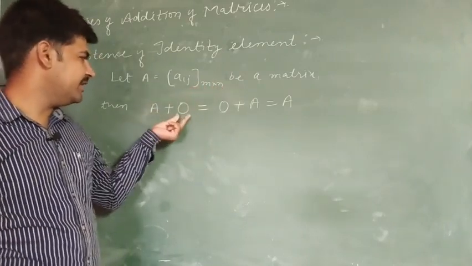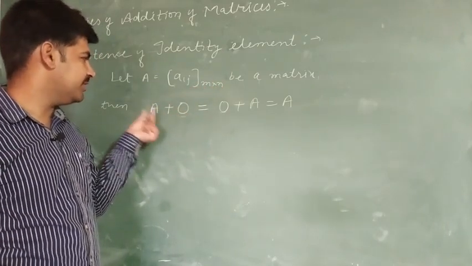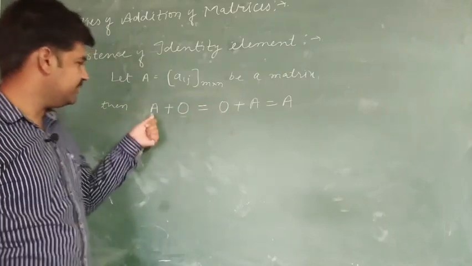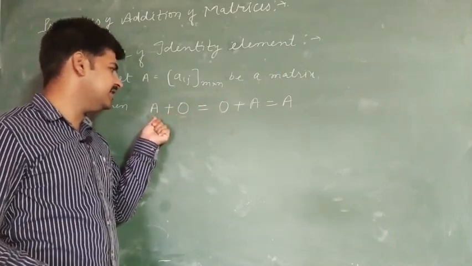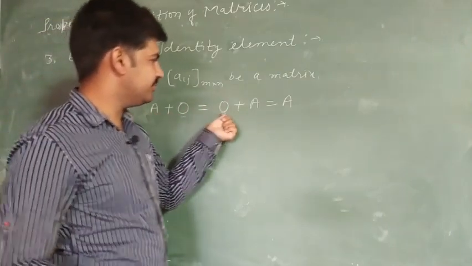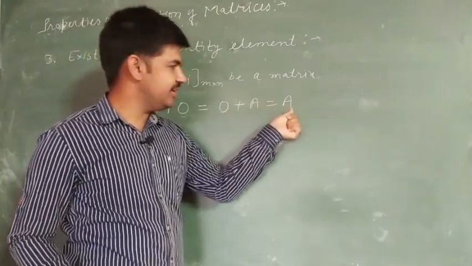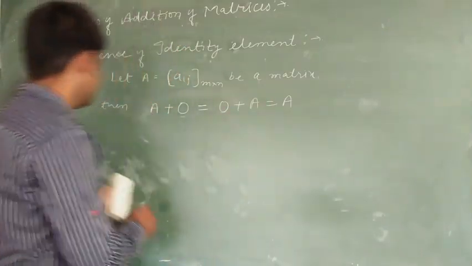So if you add a null matrix to a matrix, you will obtain the same matrix. So when a null matrix is added to A, only A is obtained.